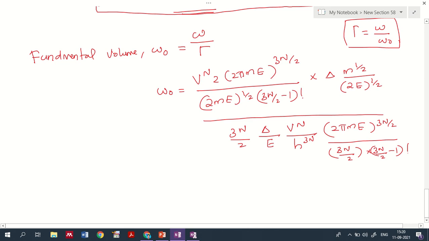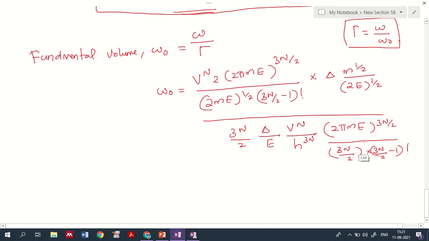So now we can cancel this one, and we can also cancel this one, and these two get cancelled. And this 3n by 2 factorial, this one and this one got cancelled. Okay, and finally what do we have?